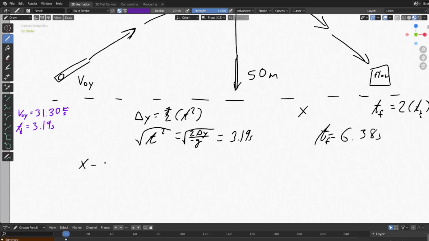So, x minus x naught, which is 0, so we're just going to say x equals x naught plus v of x times t plus, well, actually, this part is 0.